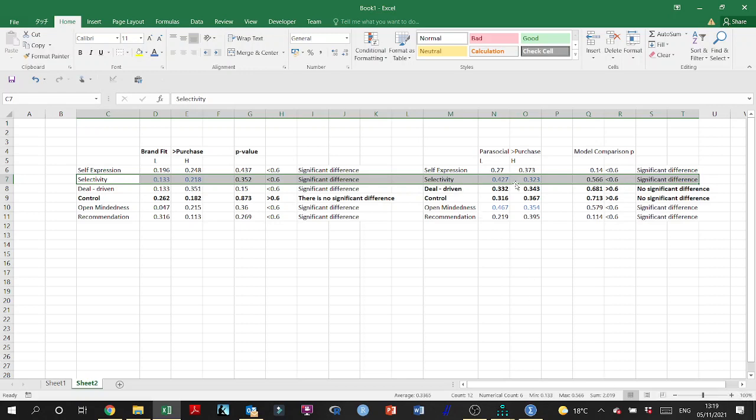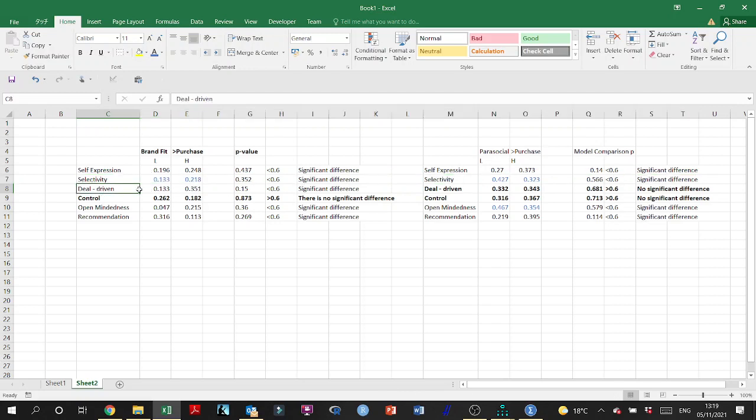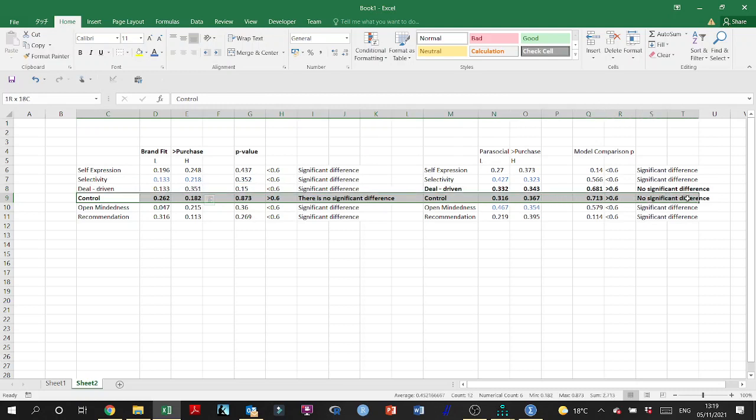Deal driven, there is no difference on parasocial on purchase, but it is also showing that the higher the deal driven, the higher the brand fit impact on the purchase intention. Control seems to be there is no significant difference between the groups and their purchase intention.